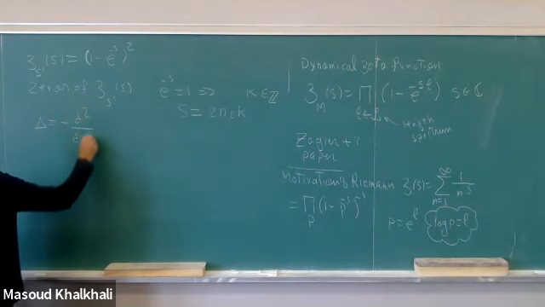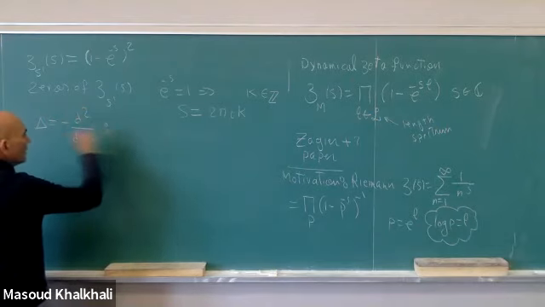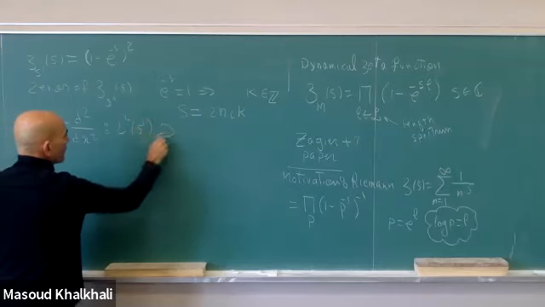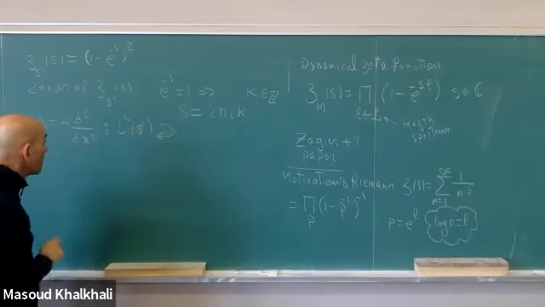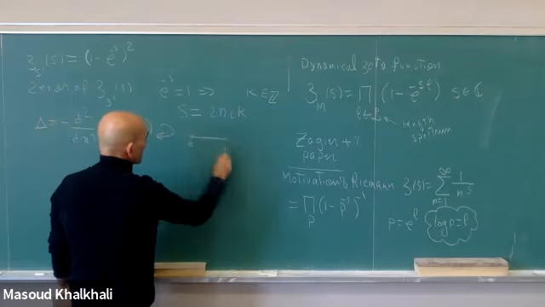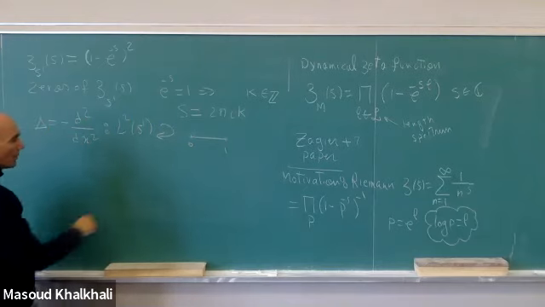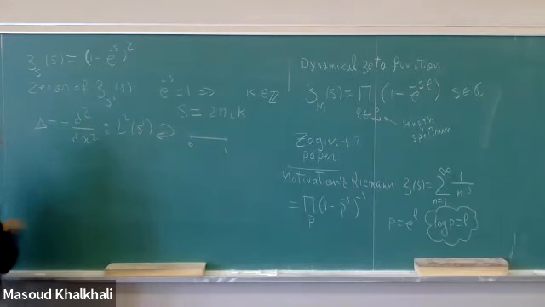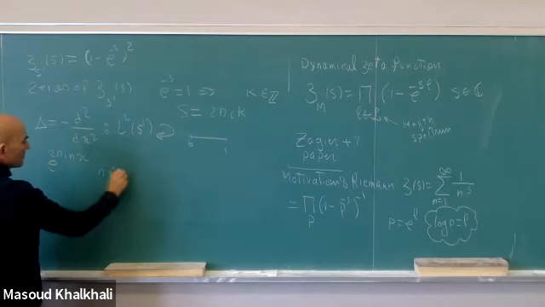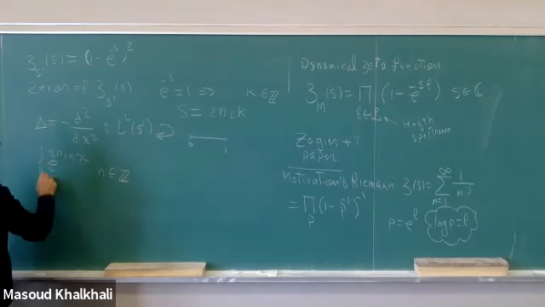It is d squared over dx squared, going from L2 of S1 to itself. So what are the eigenfunctions in this case? The eigenfunctions are e to the 2 pi i n x.